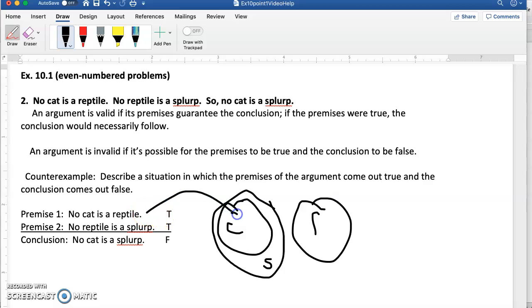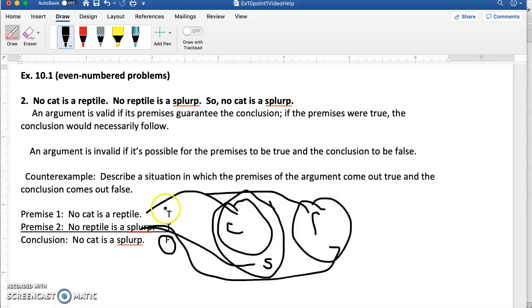No cat is a reptile, because here's a circle of cats and here's a circle of reptiles, and they're both separate from each other. There's no overlap. Second premise says no reptile is a splurp, right? That's true because, again, here's reptiles and here's splurps, and they're completely separate from each other. So the premises are both true. But you'll notice also the way I've drawn it, it's not the case that no cat is a splurp. In fact, the way I've drawn it, all cats are splurps.